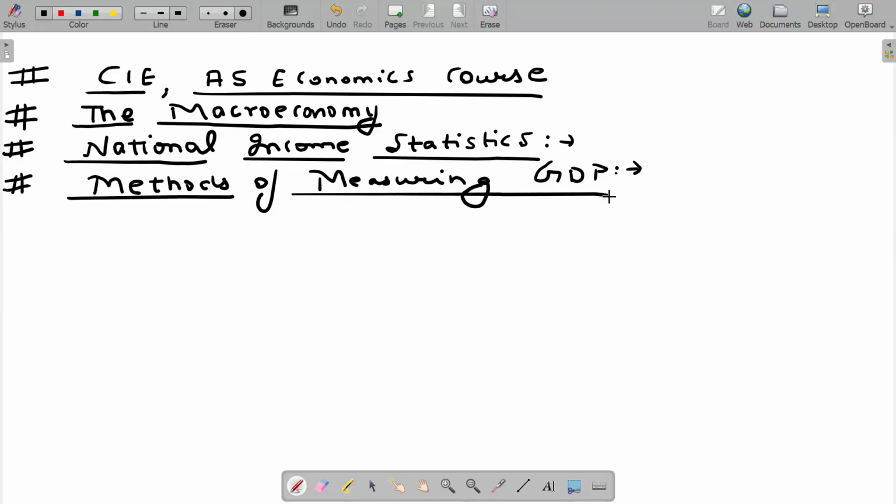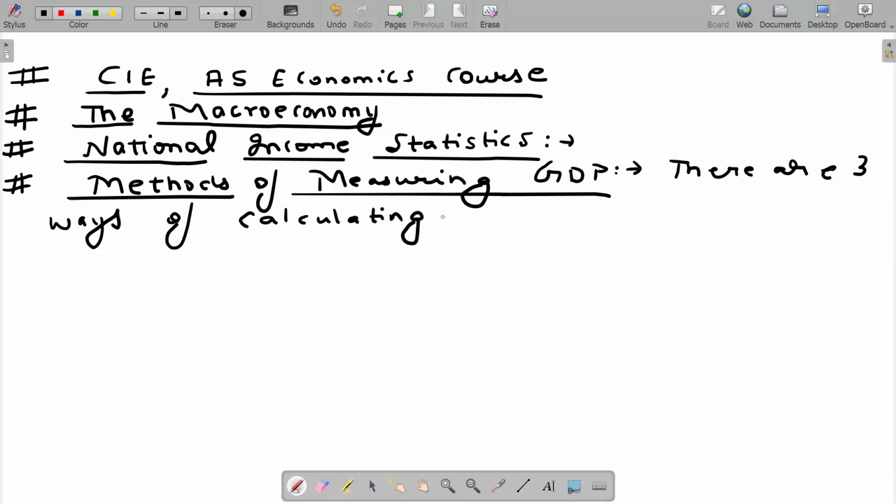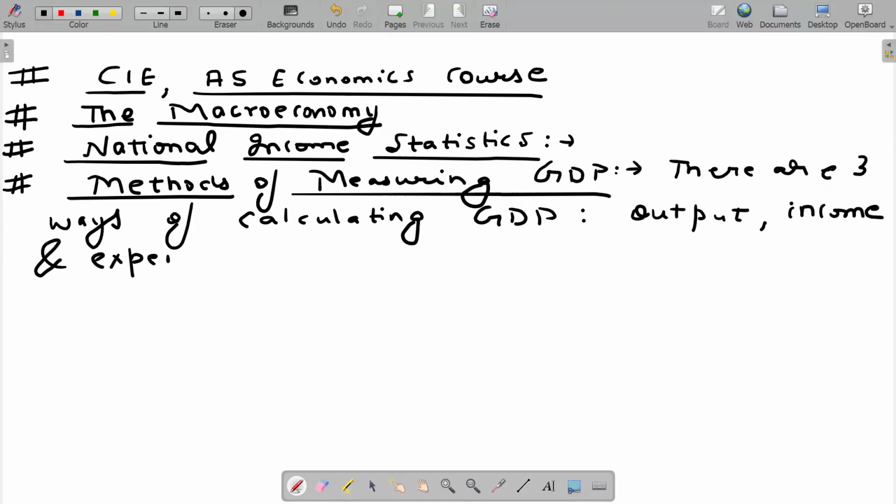Okay, so I can write that there are three ways of calculating GDP: output, income, and expenditure method.